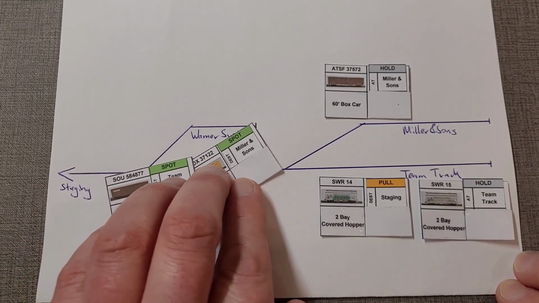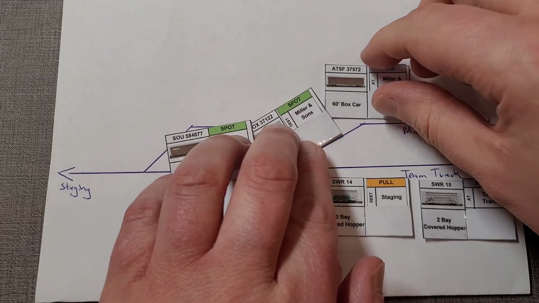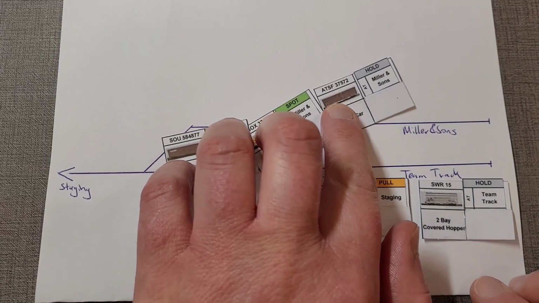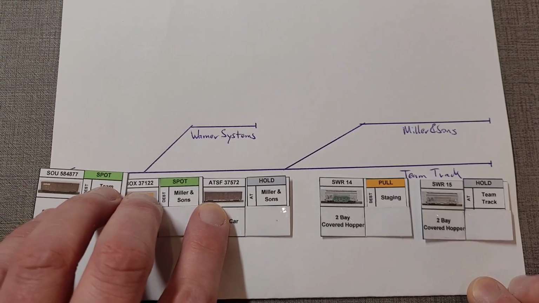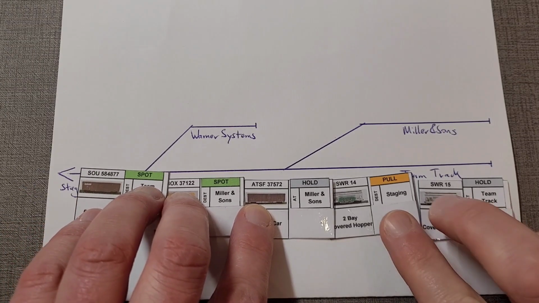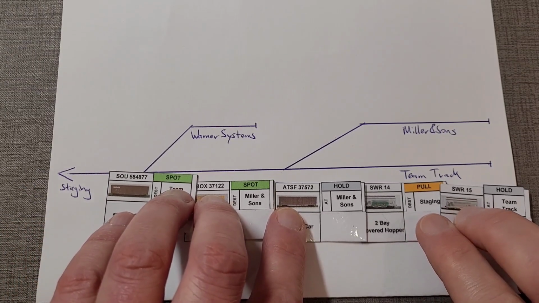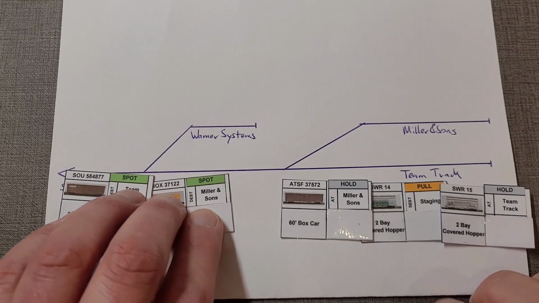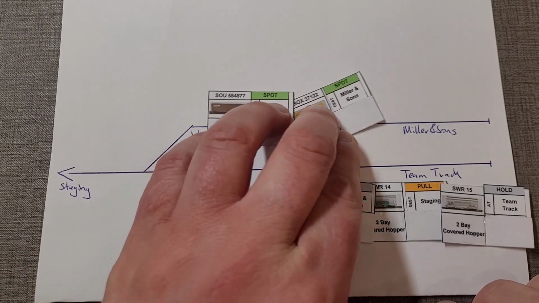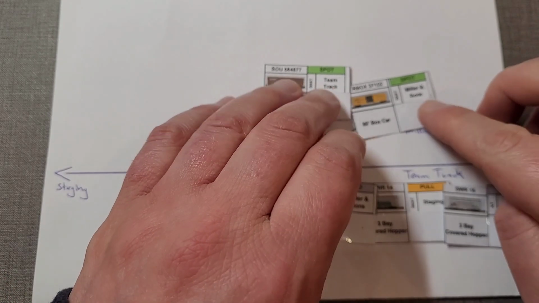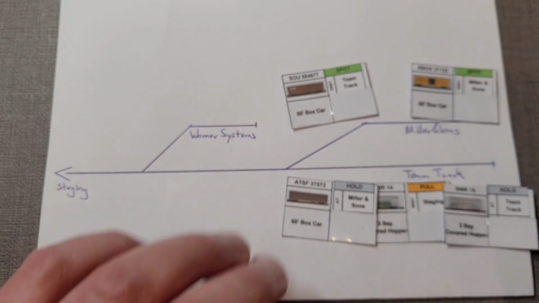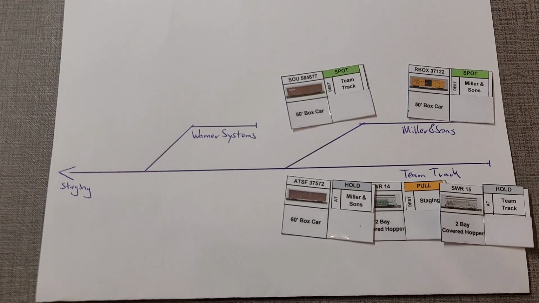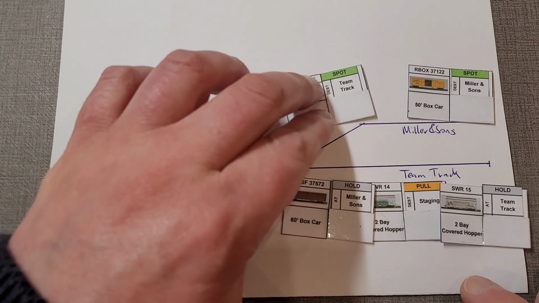I need to arrive with my train, pick up the 60-foot boxcar, pull it from this track, then set it out to the team track. Then I have space to move the railbox boxcar to the other door at Miller and Sons on the right-hand side.